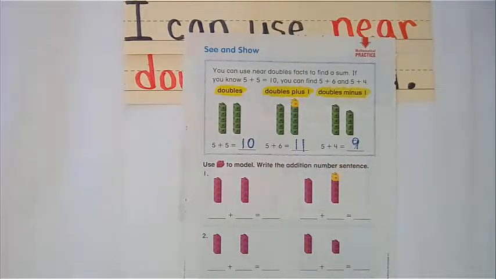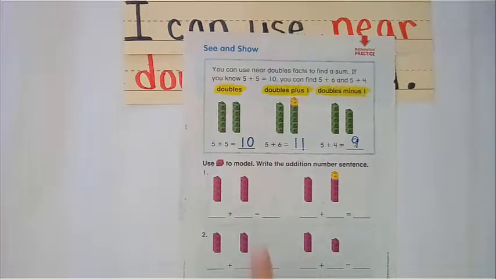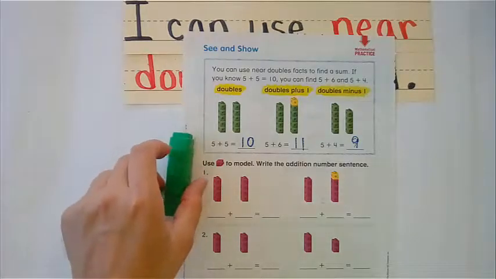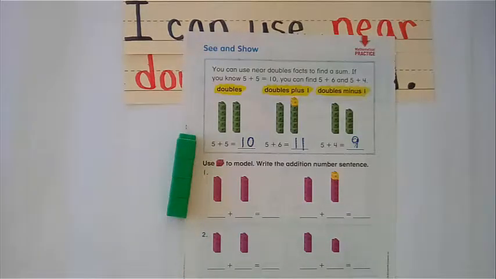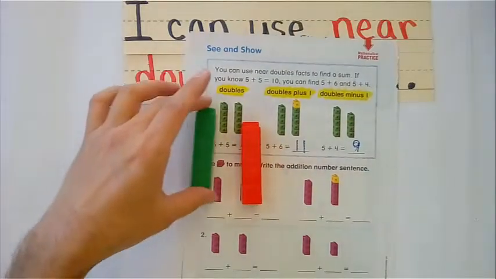Okay, so now it wants us to use some blocks, and it says use blocks to model, write the addition number sentence. So right here I have 4 and 4. And what's 4 plus 4?